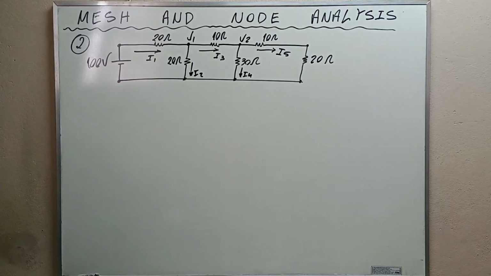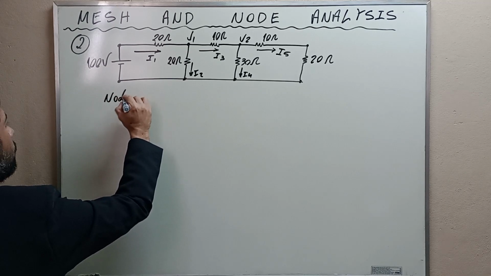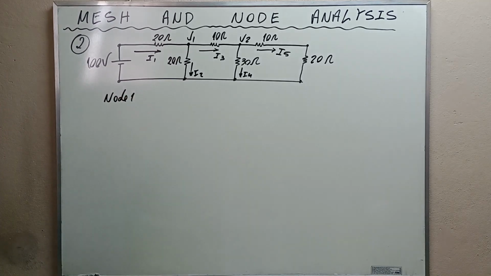Alright, my friends. And remember that the sum of the currents that enter a node has to be equal to the sum of the currents that leave the node. For node 1, what is the current that is entering the node?